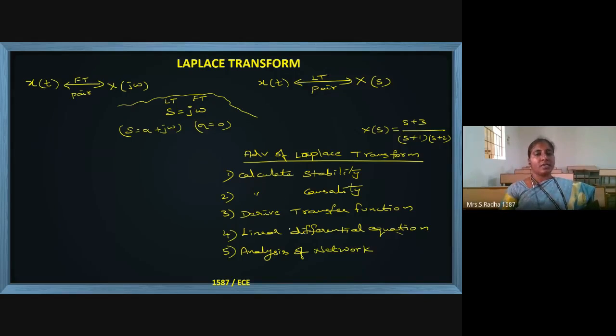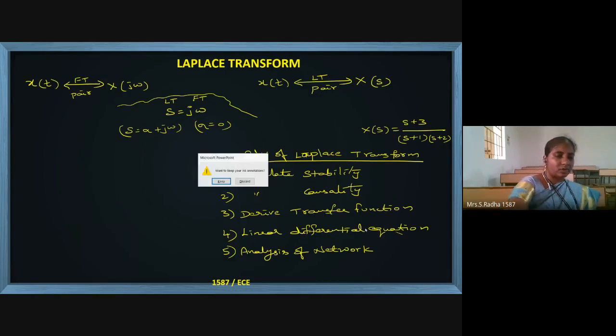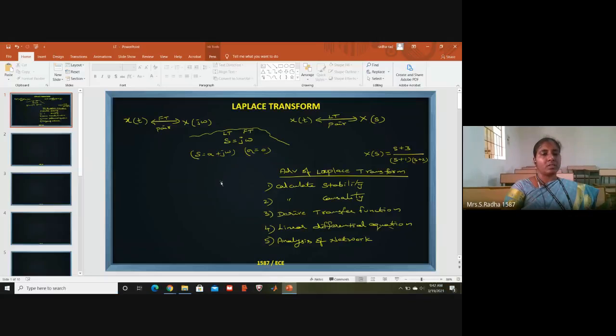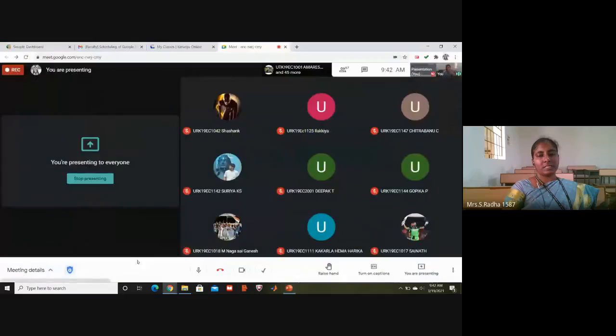So these are the advantages of Laplace transform: stability calculation, causality, deriving the transfer function, linear differential equation, and analysis of any given network. All the calculations and representations will be exactly the same as Fourier transform. Only in the place of j omega, we have to put s. We will discuss more in our next sessions.